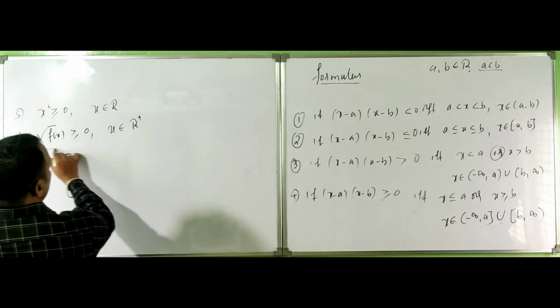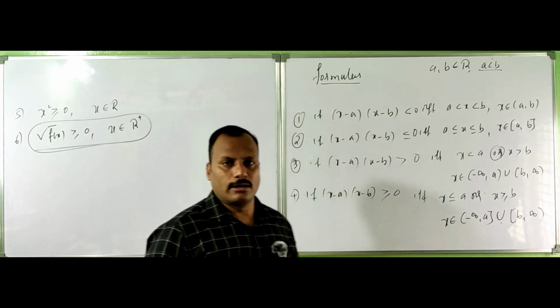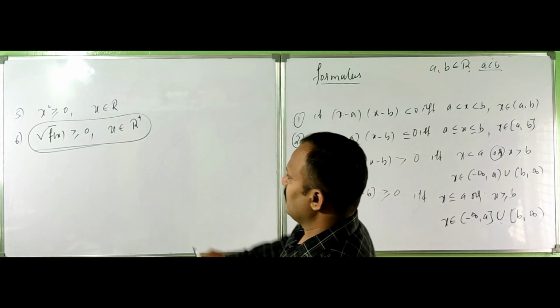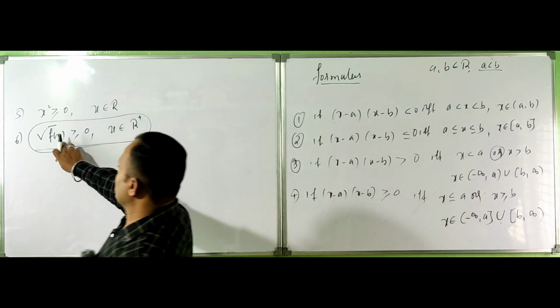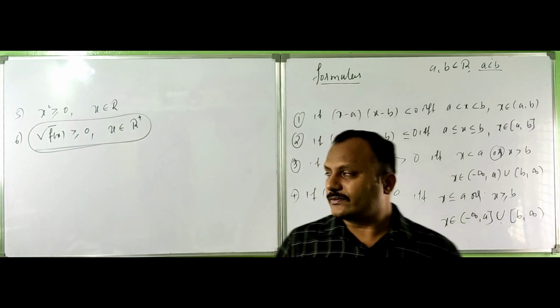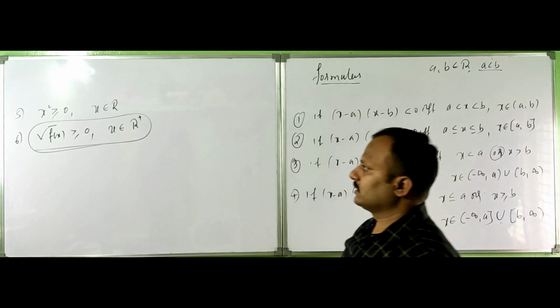When we consider it again while solving the questions, we will recorrect it. Because if it becomes negative, it goes to the complex number system. So that's why it should belong to R plus, positive numbers only, right?